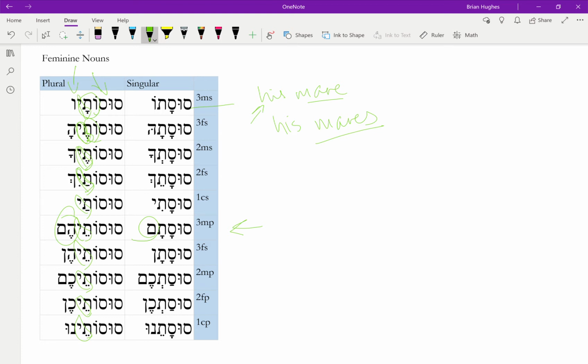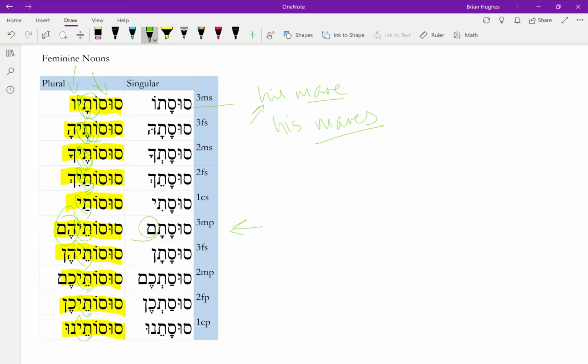So what we get is susotav, and then susotecha, susotaich, susotrai, susotechem, susotehen, susotechem, susotechen, and susotenu.